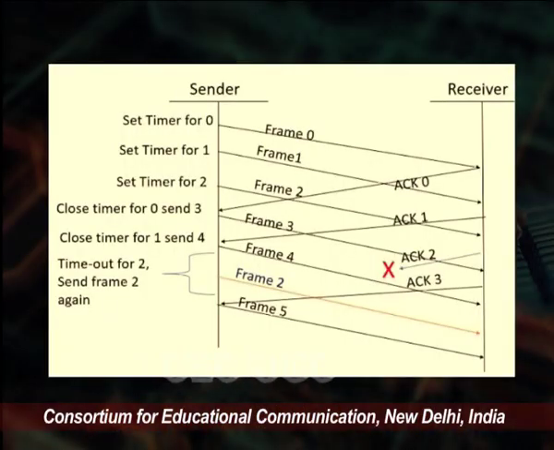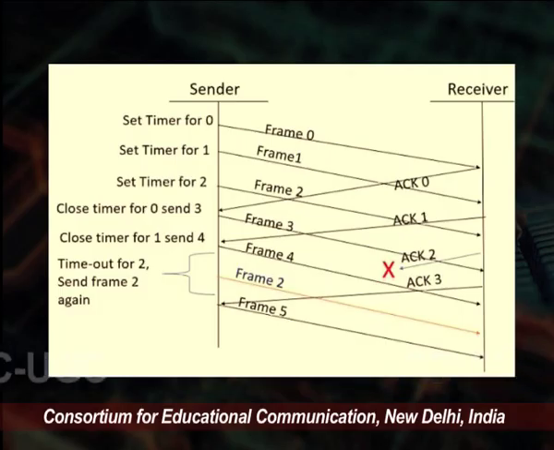So, in order to understand this whole phenomenon, let us look at a figure which is available on the screen. Here we have a sender side and a receiver side, and we are going to send 5 packets which are numbered from 0 to 4.